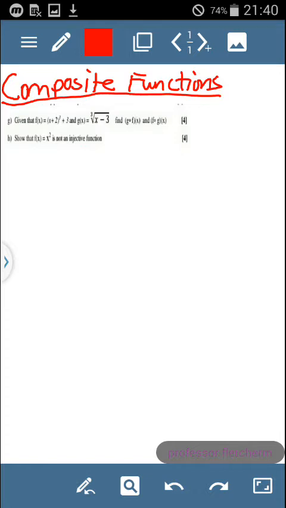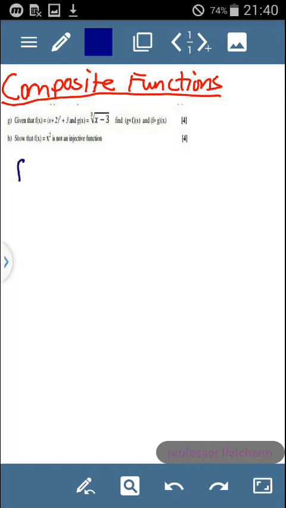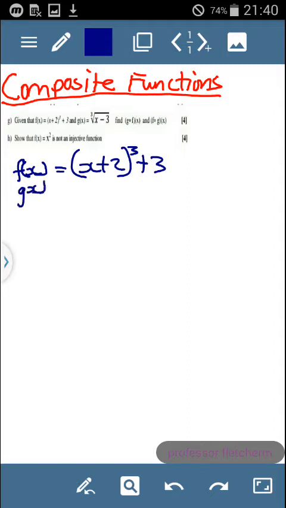So in this case, let me change this pen. I think blue is my pen. So we have this function f of x, which is equal to (x plus 2) cubed, and we add 3 to that, and then we have another function g of x, which is equal to the cube root of x minus 3.